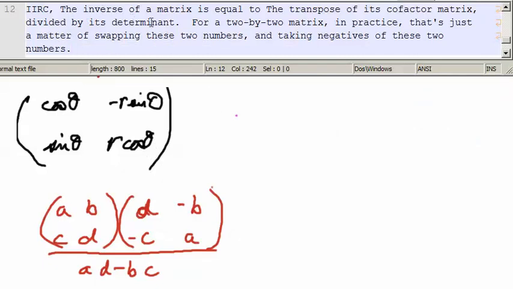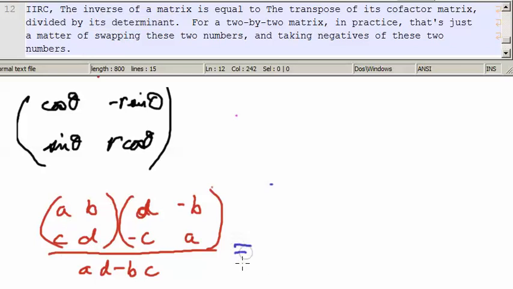If I recall correctly, the inverse of a matrix is equal to the transpose of its cofactor matrix divided by its determinant. For a 2 by 2 matrix, in practice, that's just a matter of swapping these two numbers, so A and D become D and A, and taking negatives of these two numbers, so B and C become negative B and negative C, and then the determinant is just AD minus BC.